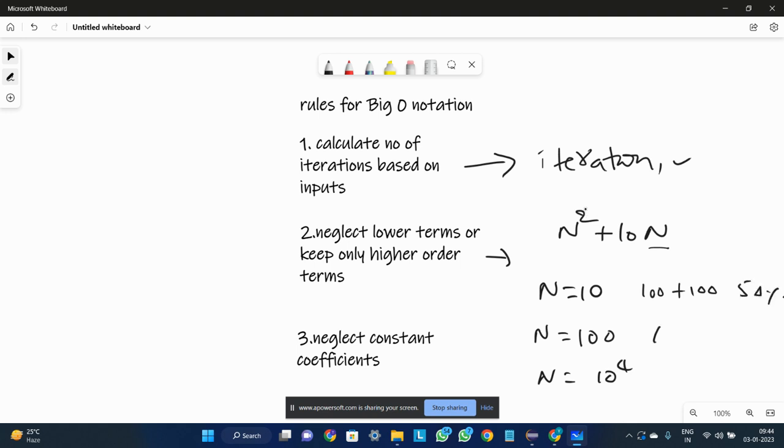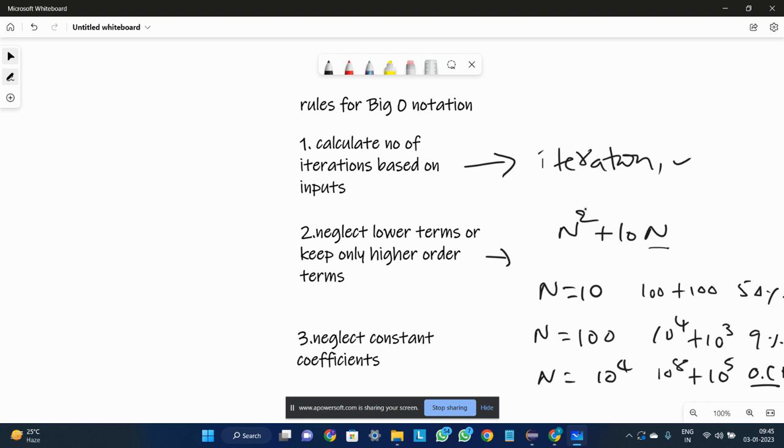And then next it is 10 power 4 plus 10 cube. Here it's approximately 90 percentage. Next 10 power 8 plus 10 power 5. Now the contribution of n in n square is 0.1 percentage. So we can neglect the lower terms, or we can keep only higher order terms.